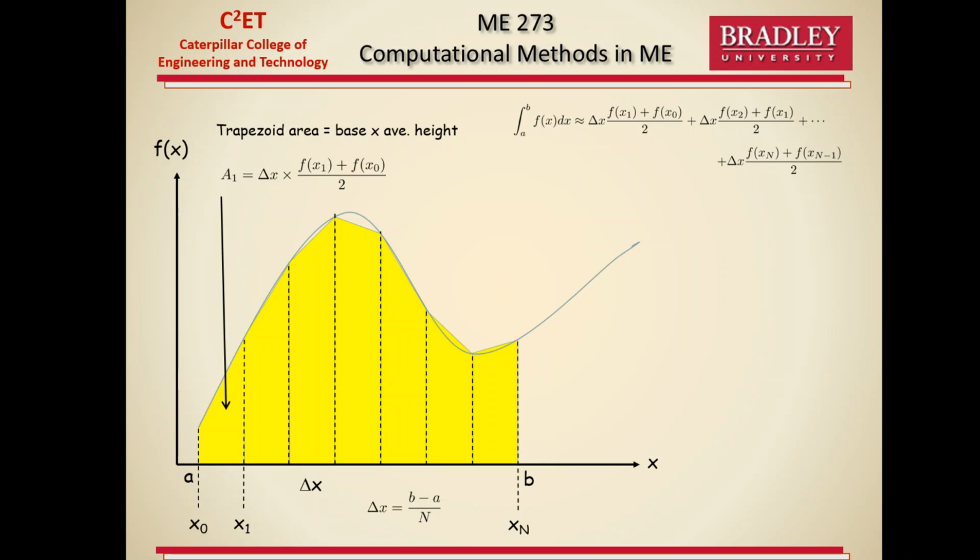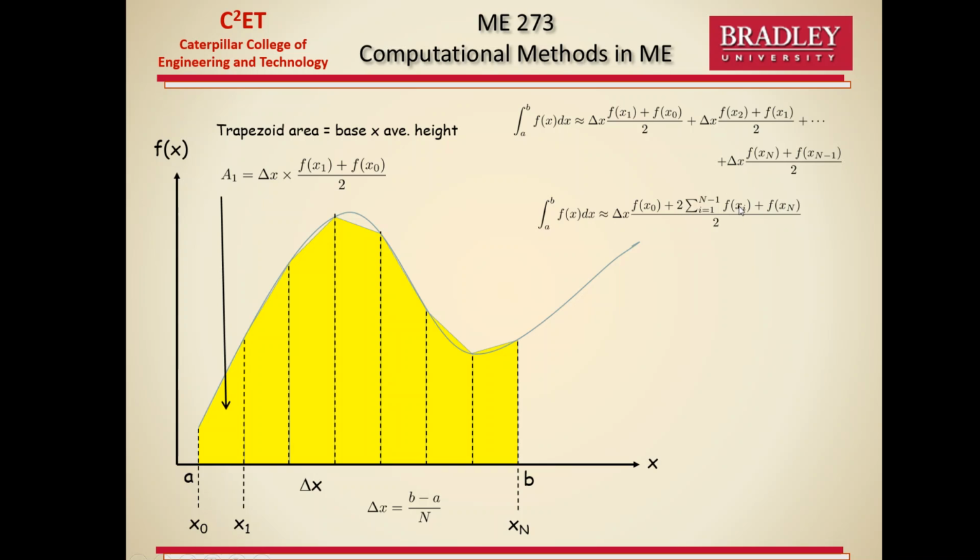I can make this a more economic notation if I factor out the common delta x term. You'll notice that by taking the average height of each successive trapezoid, f of x0 and f of xn, the function is only evaluated at the endpoints, which coincide with the limits a and b. Those only show up one time here.